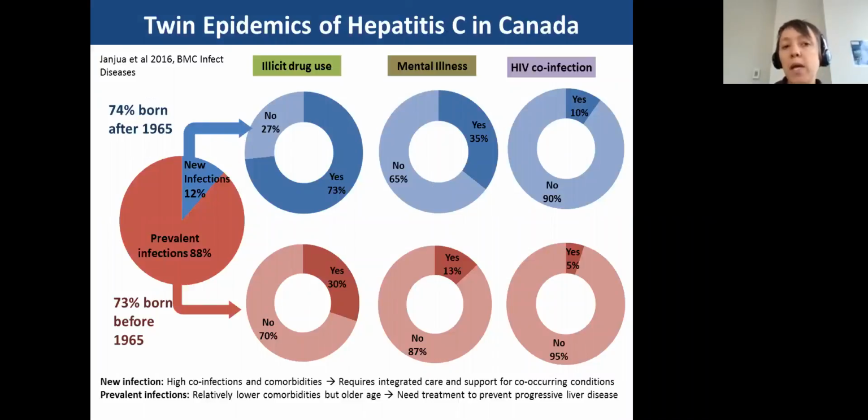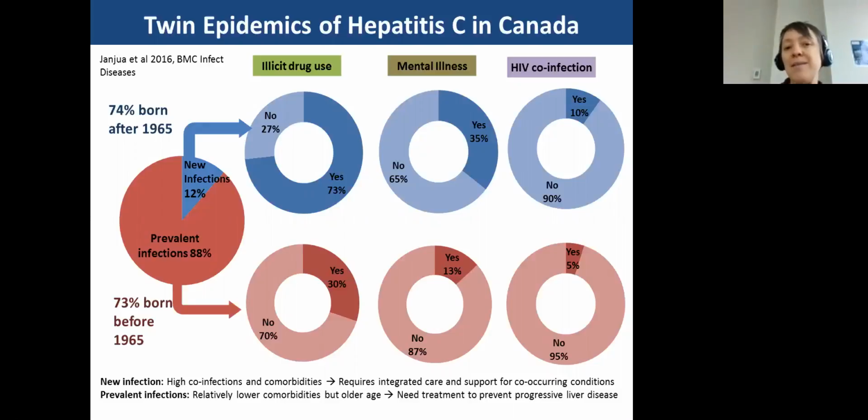There are two main infection groups. One is the new infection group, the seroconverters I was just talking about, people who we know have become infected recently, as opposed to prevalent infections. Those are people we believe were infected in the past, so they are suffering from chronic hepatitis C. These two groups are very different. The new infection group are younger people, and they are more likely to engage in risky behaviors.